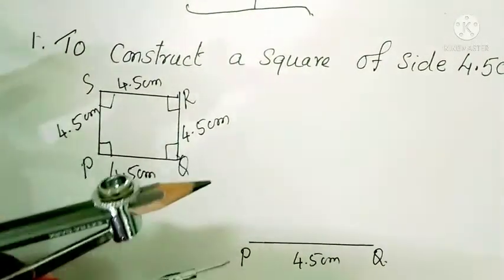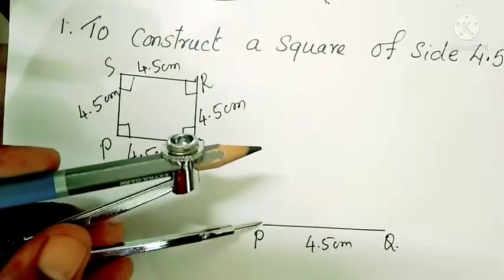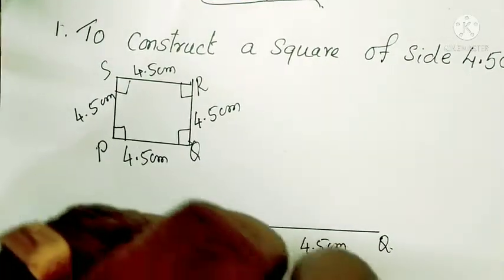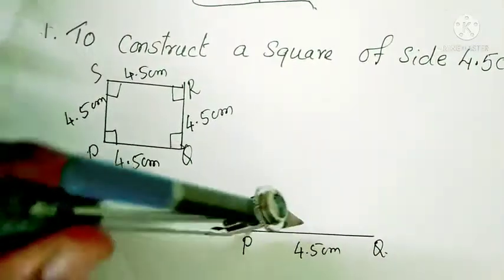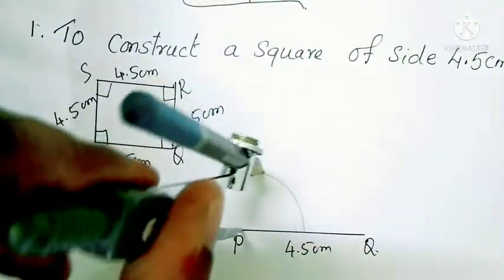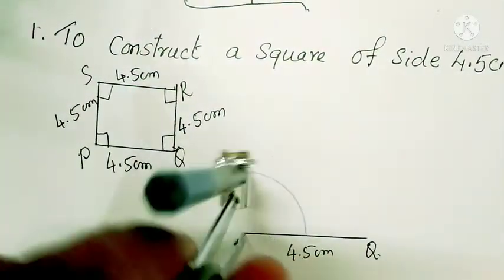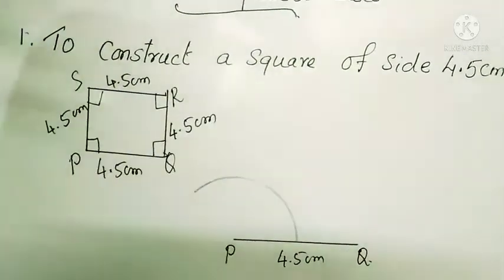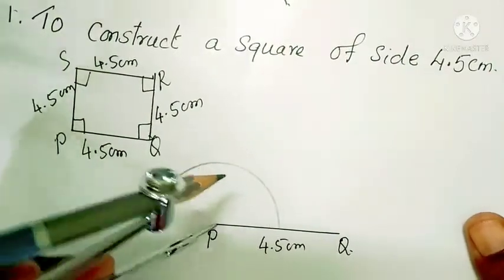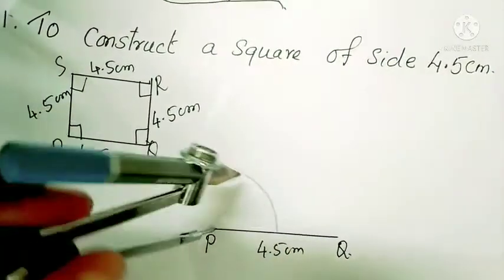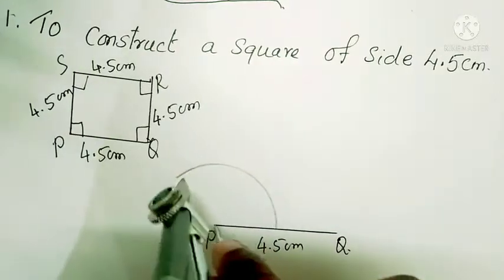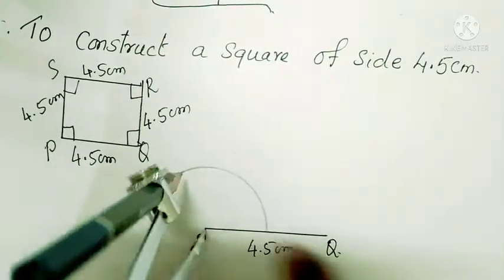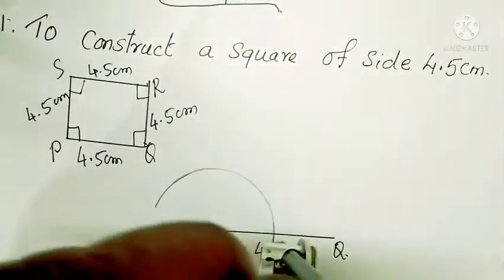So how to construct 90? Again, today somebody asked it, so you see how to construct 90. Keep the pointer on P, take any measure and draw one arc. See, I have taken any distance that I like and I drew one arc, and that arc must meet this line segment.